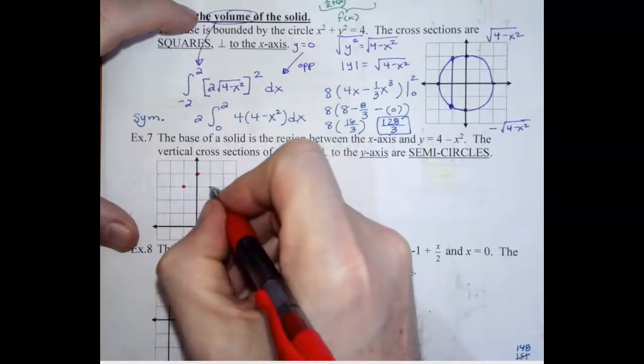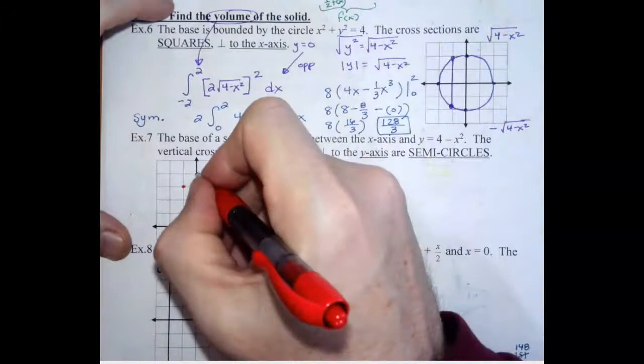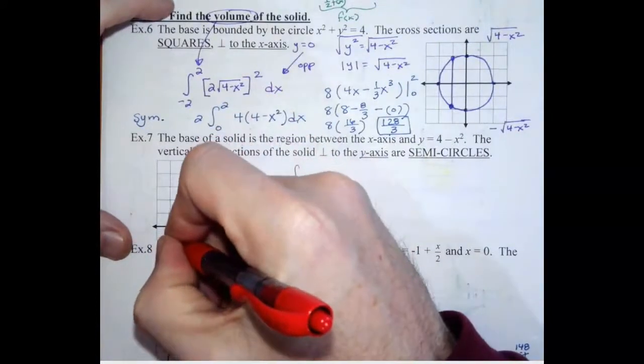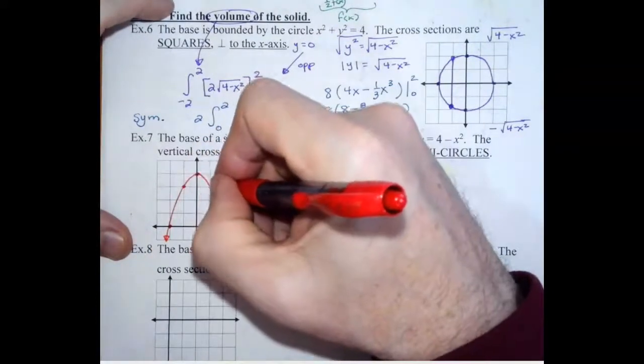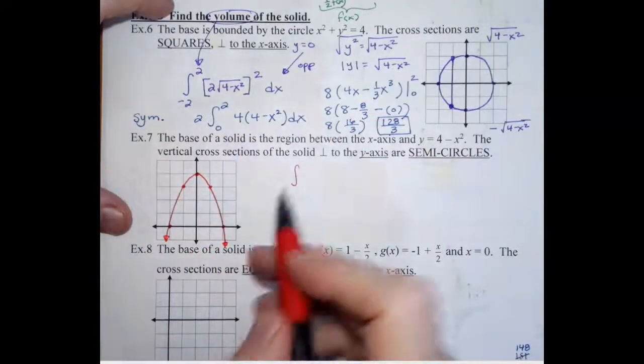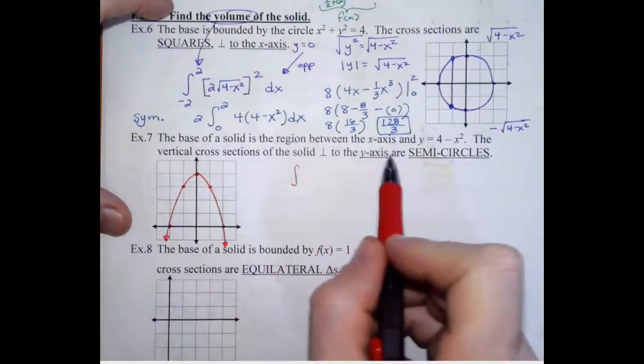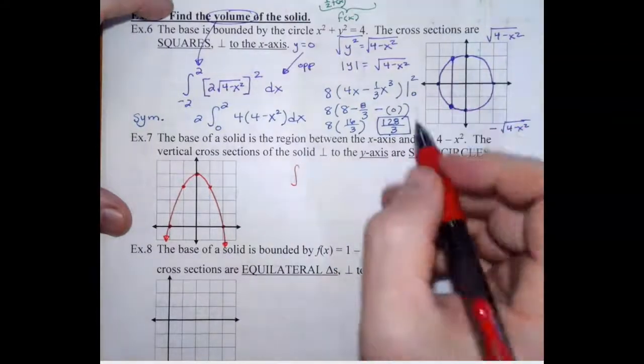So probably can graph that fairly quickly. Like this. Okay. Now, the vertical cross sections of the solid perpendicular to the y-axis are semicircles.